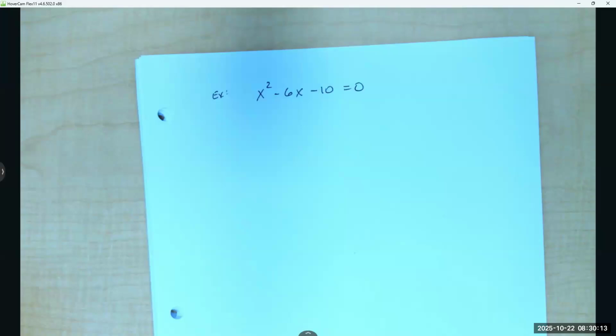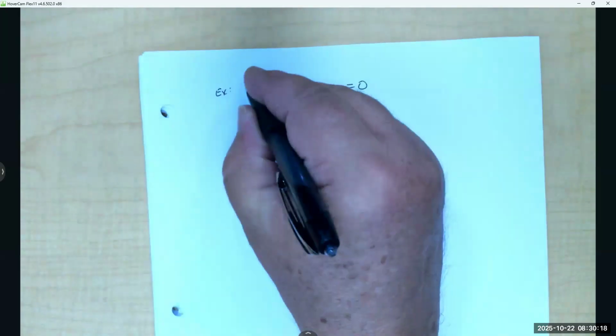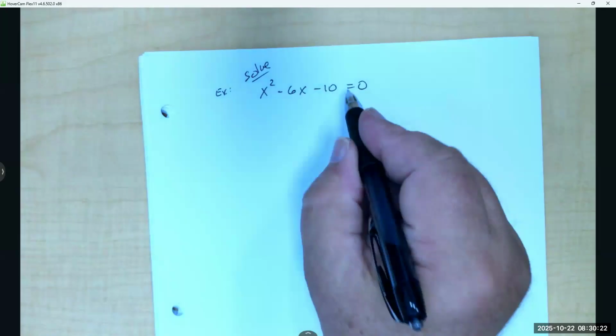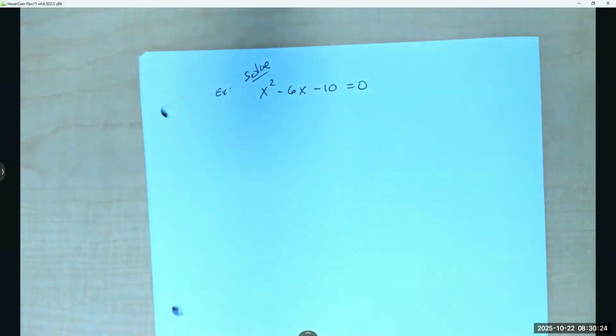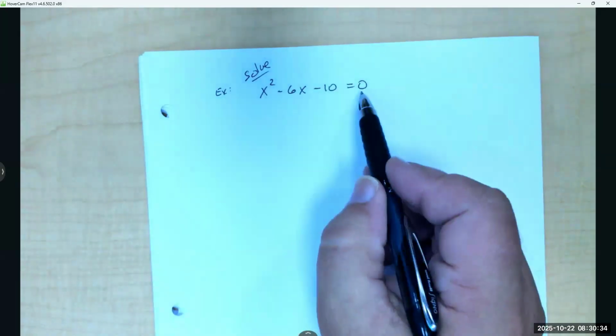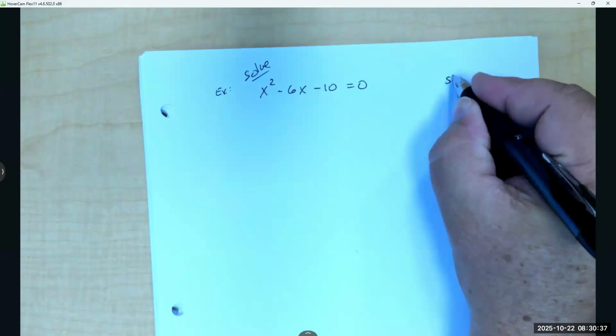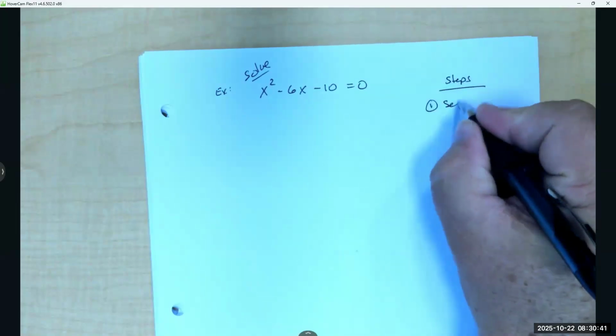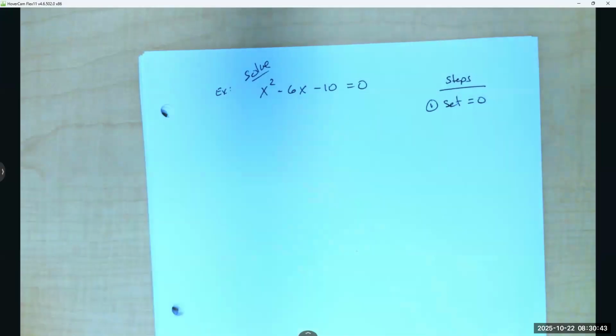What do you do with equations? Whenever you have equations, what do you do? You solve them. So without being written there, because it has an equal sign, it automatically tells you to solve this equation. So when it says solve, that means find me the x values. So step 1: set equal to 0.